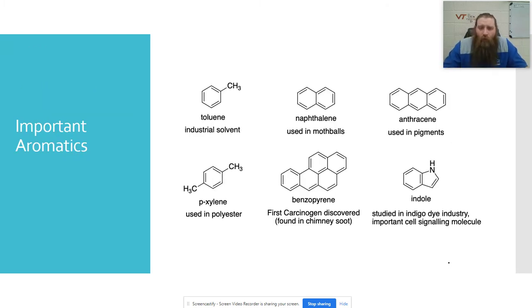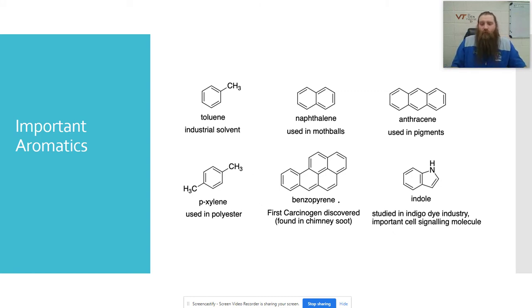Now, there are some important aromatics. There's a chart of these in your book. Naphthalene is pretty important, this one right here in the middle. We use it in mothballs. We use anthracene in pigments. Indole is important in the indigo industry, but also in creating cell-signaling molecules that signal back and forth between cells. So when we try to create medicinal drugs from scratch, a lot of times we might find an indole ring is necessary.